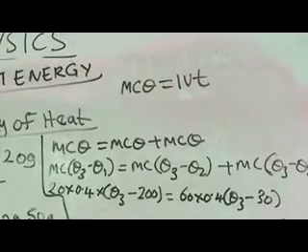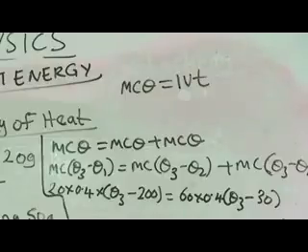So we want to proceed further to look at the specific latent heat of a substance. We say it is the heat energy required to change the unit mass of the substance from one state to another without a change in temperature, because latent heat is the same thing as hidden heat.